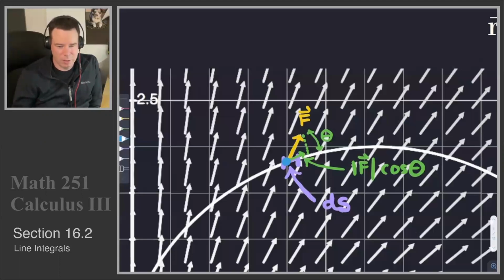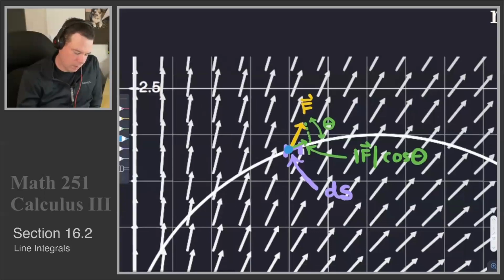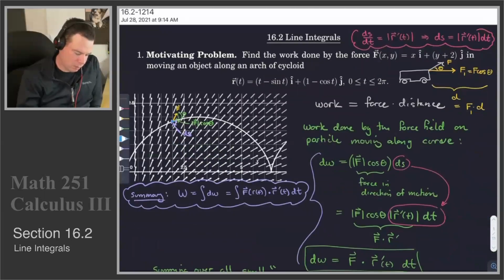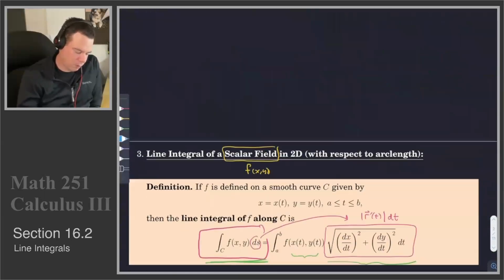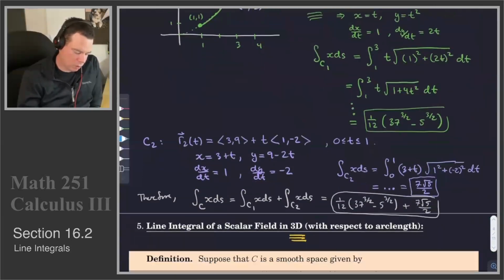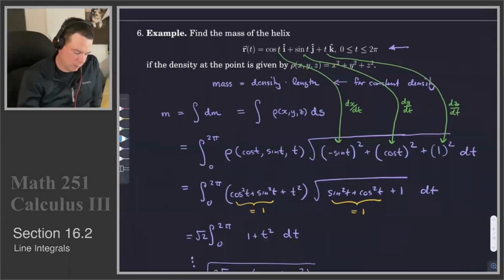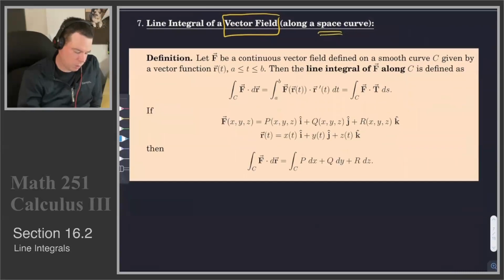And so that's where we get F projected onto the tangent vector, the magnitude of F cos theta. In fact, it comes about as a dot product, F dot r prime. So the projection essentially of F onto the tangent vector. Only the part of the force that's in the direction of motion.